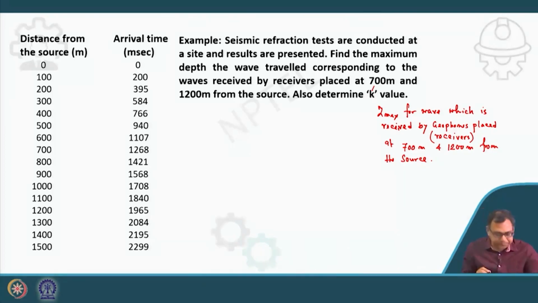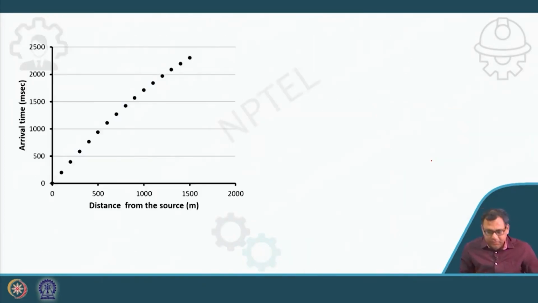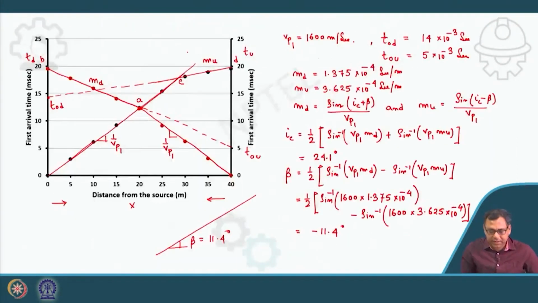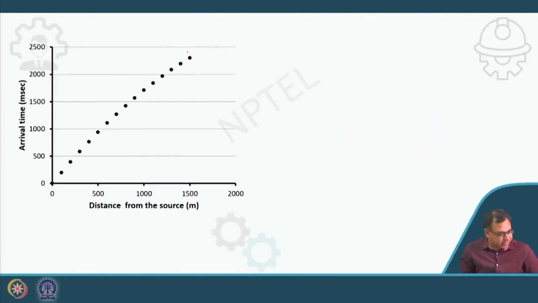So let's start. Here you can see that in the first case, there is a distinct change of the slope. Three slopes I can see from the plot, but here you cannot see any distinct change.